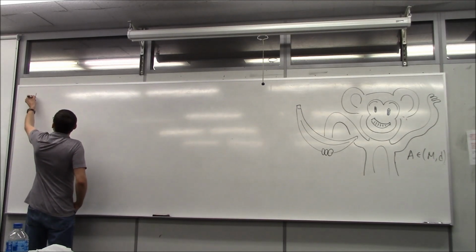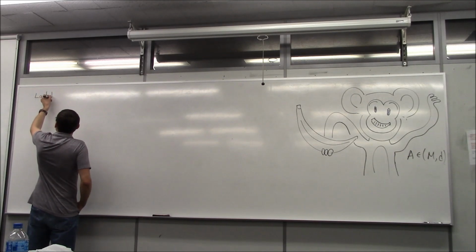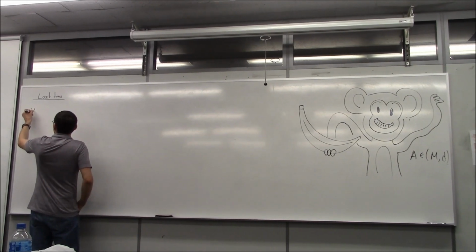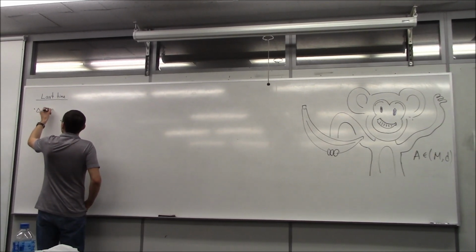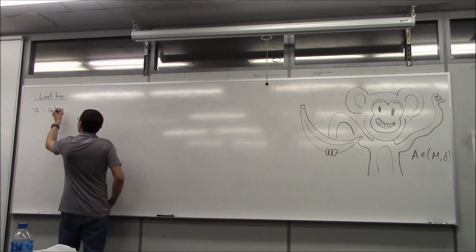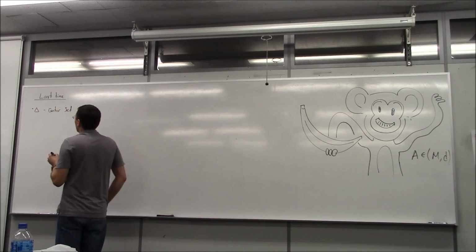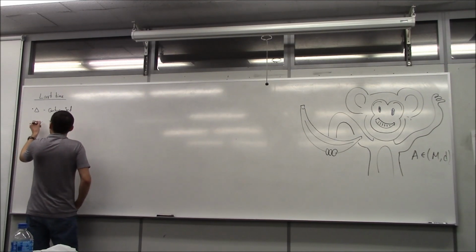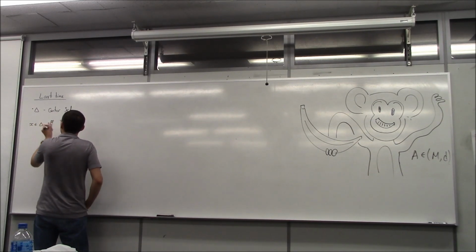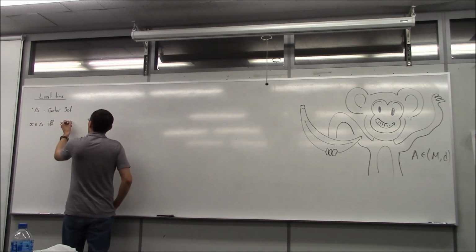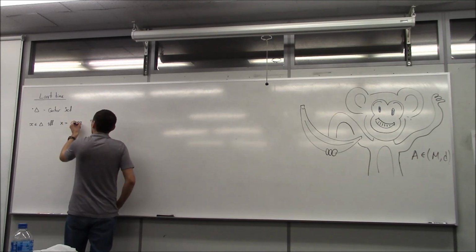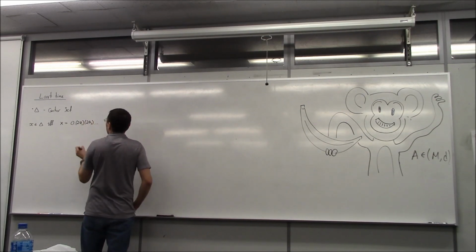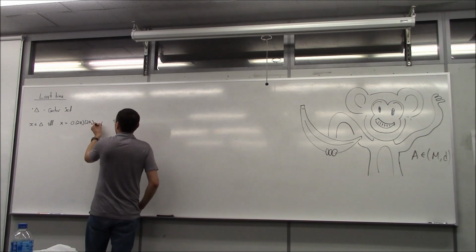All right, so again, recall that we had this. So that's a Cantor set, and what's true about the Cantor set is x belongs to the Cantor set if and only if x can be written as 0.2a1 2a2 etc. base 3.